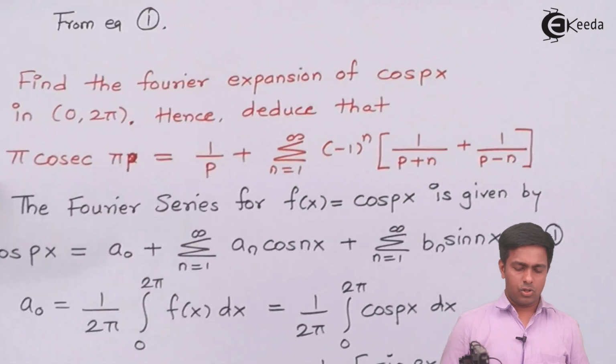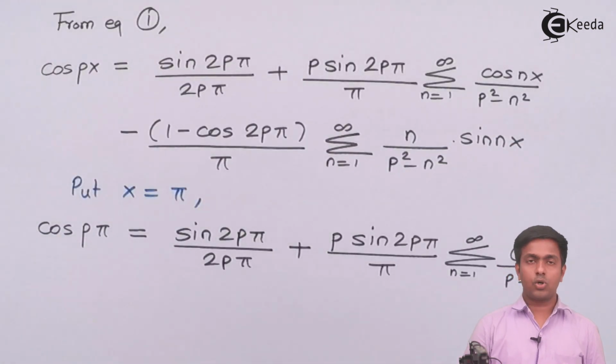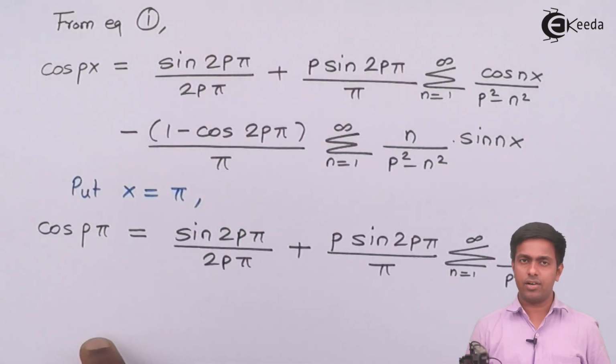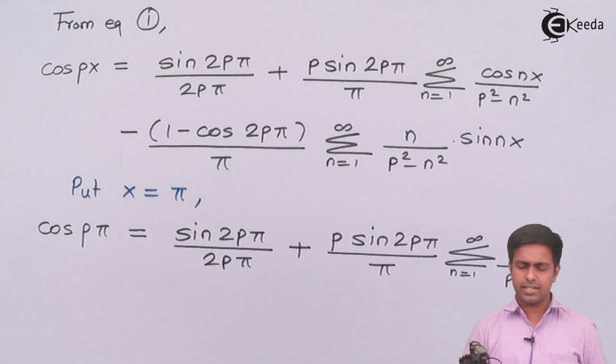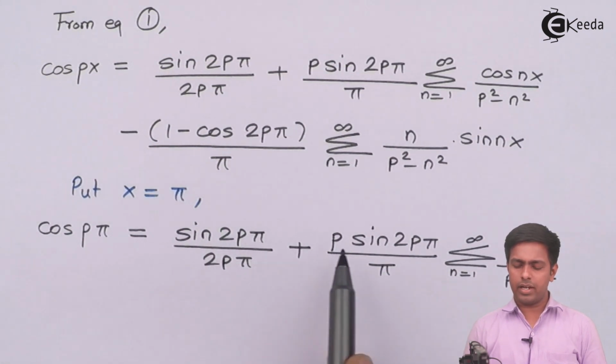get the answer. So to get 1 upon sine here, we have to cancel the cos, and to cancel the cos I'm going to substitute the formula over here. Can you see sine of 2p pi in both the terms?